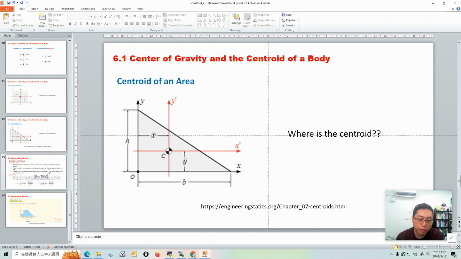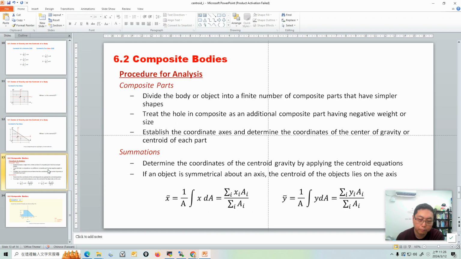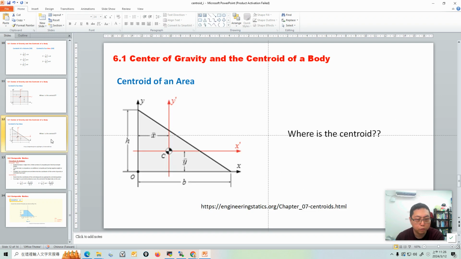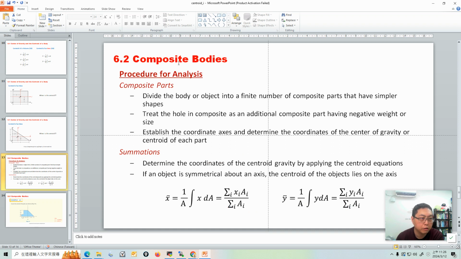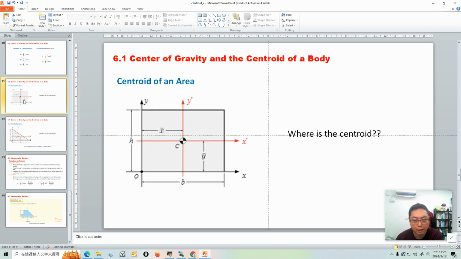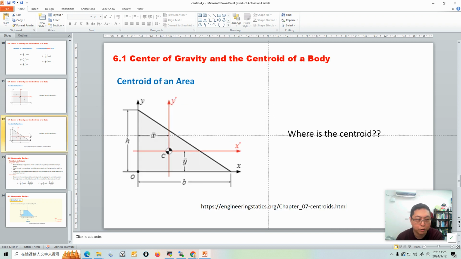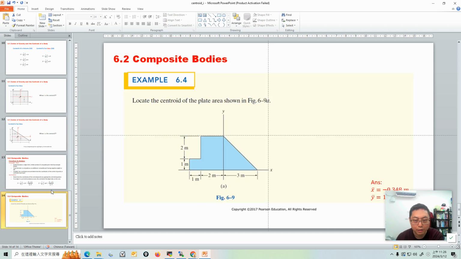And then we'll use this conclusion to calculate the centroid of composite bodies. Because most of the time, the shapes we face in mechanics and material are not all rectangles or right triangles. Sometimes, for example, I will show one that looks like it's not a shape.